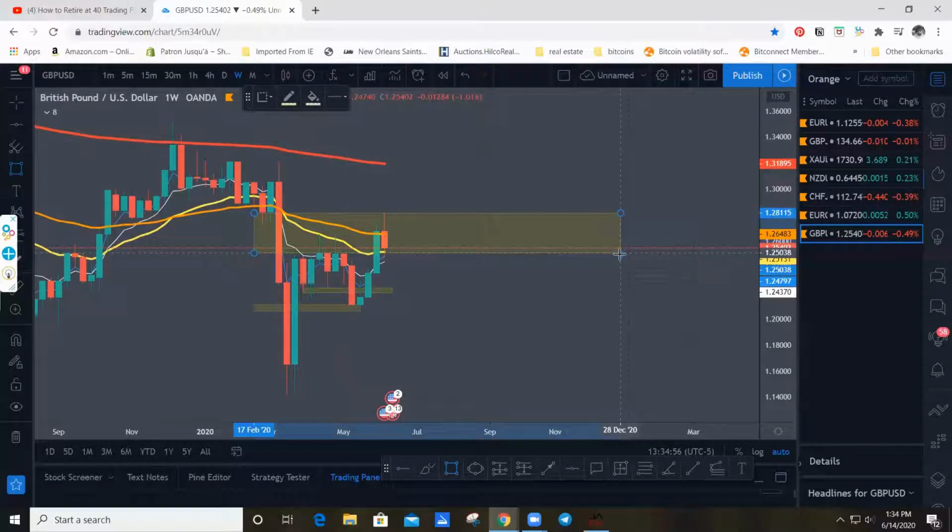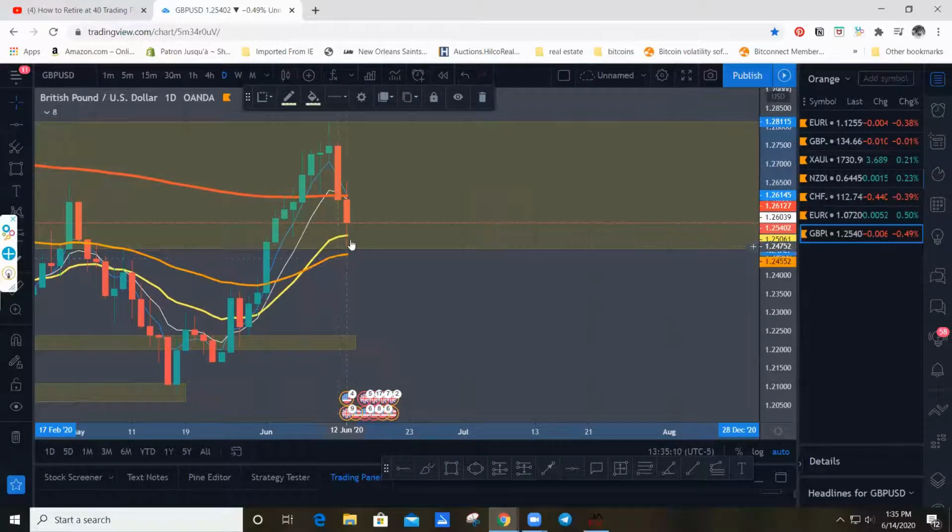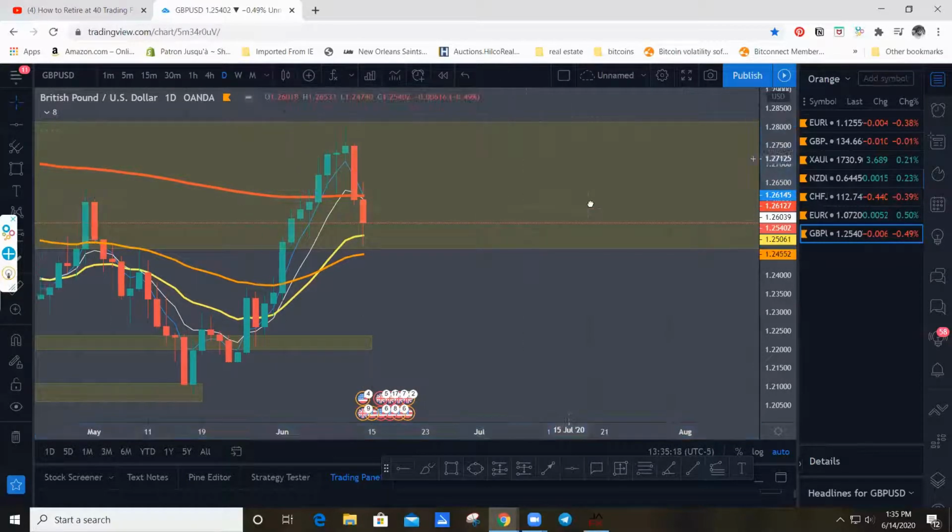I want to see what price does in this area, because it rejected that 50 and that 200. I want to see a push up and price close above this 50 before it pushes to the upside.